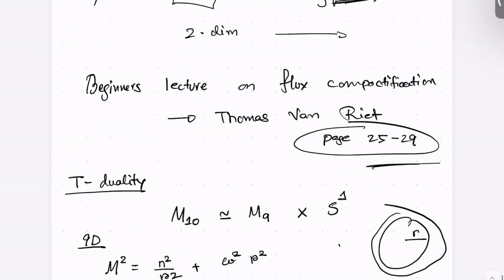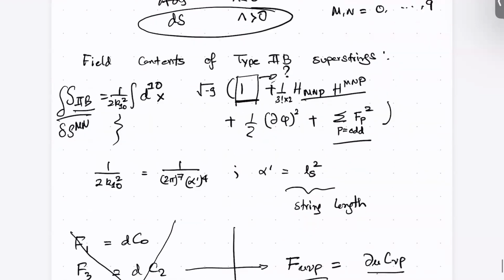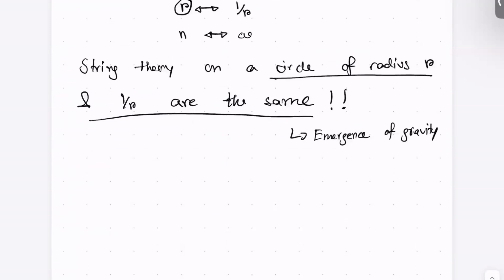And lastly, I think I should give you this as a homework. Go home, take the type 2B action, and if you just vary the action, you'll see that you get the Einstein equation, the laws of gravity.